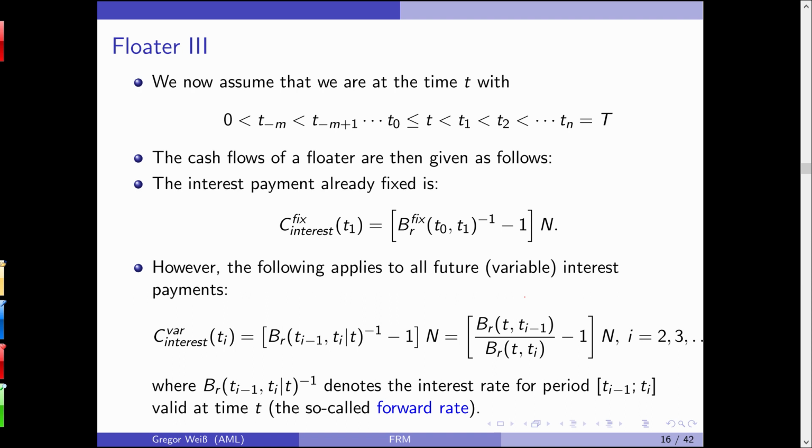To calculate the spot rate from the forward rate and vice versa, you simply have to see that this is one spot rate, this is another spot rate, and if you want to get the forward rate agreed upon here for this period of time, you simply take spot rate ti-1 over the spot rate ti, and you get the same forward rate. So this is how spot rates and forward rates are interrelated.